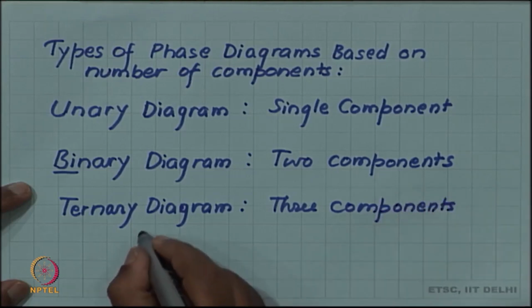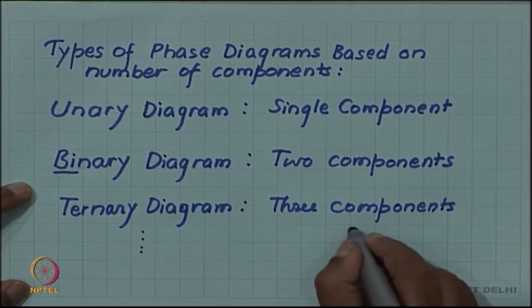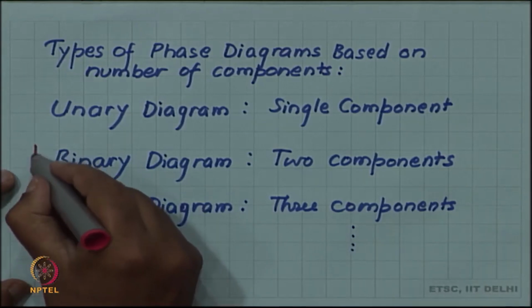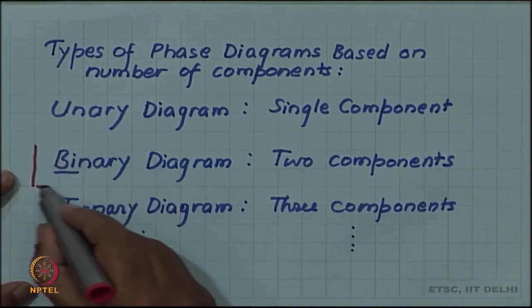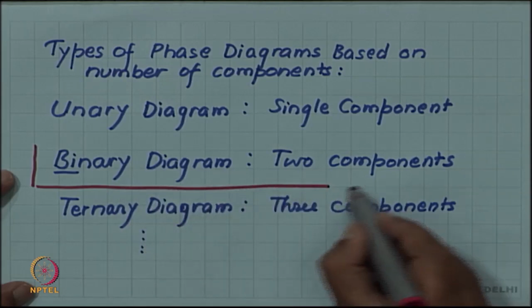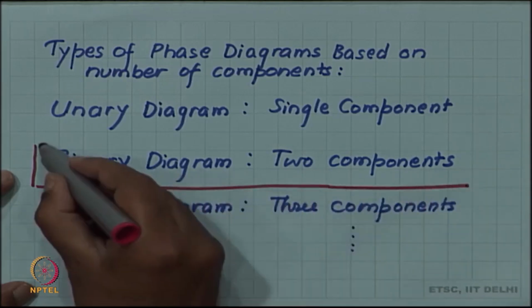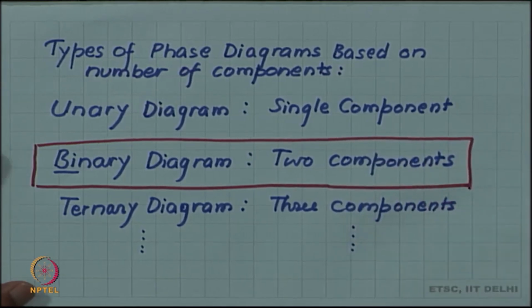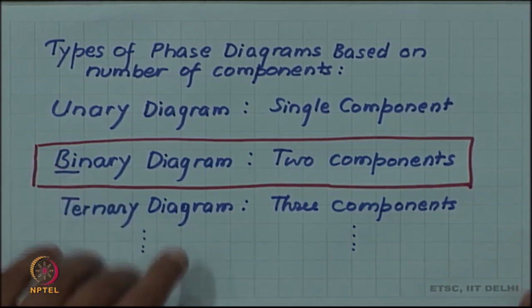And of course, you can have higher order phase diagrams, quaternary involving four components and so on, but in this course we will mainly focus on this binary two component diagram. So, our main attention will be focused on two component binary phase diagrams. So, with this we end this video.